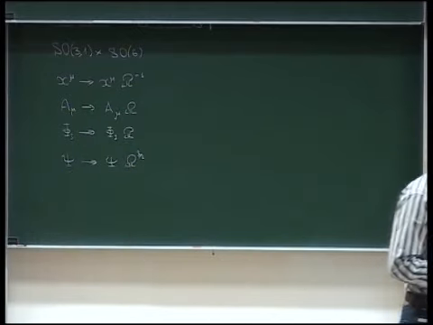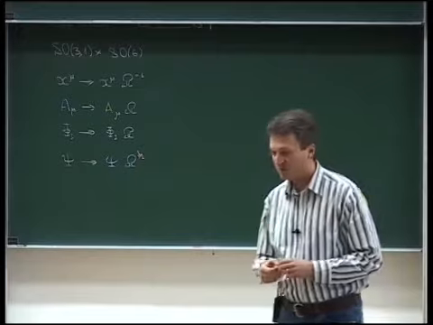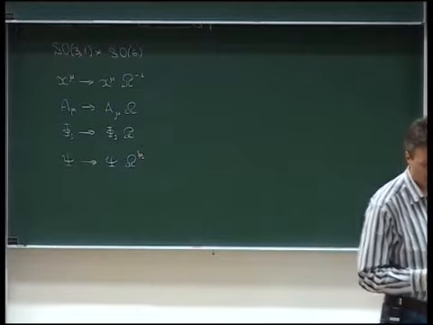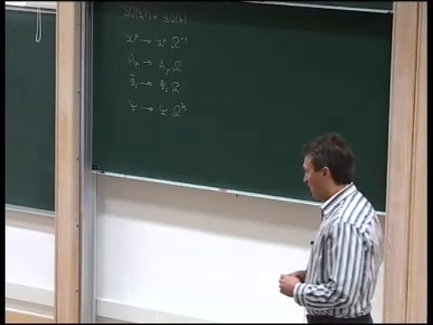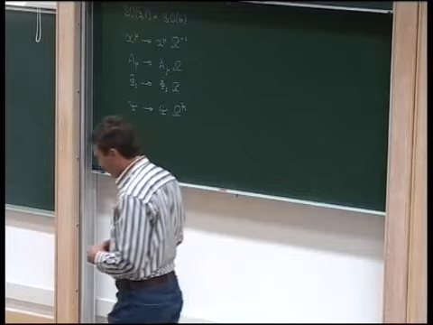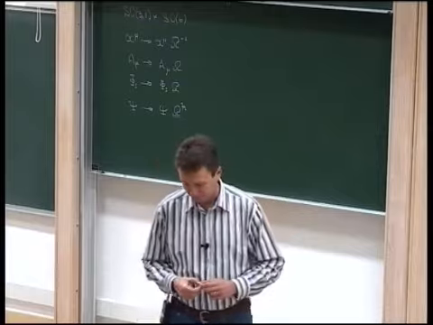This is basically a consequence of the fact that there are no parameters of dimension of mass. So the coupling constant is dimensionless. And typically any theory with dimensionless couplings will possess this invariance.